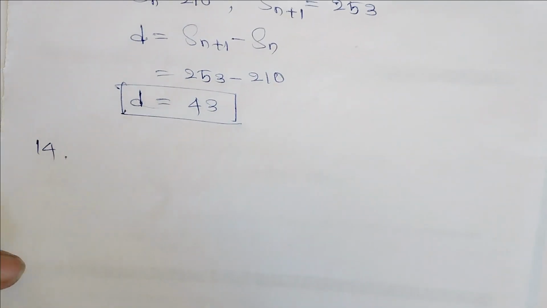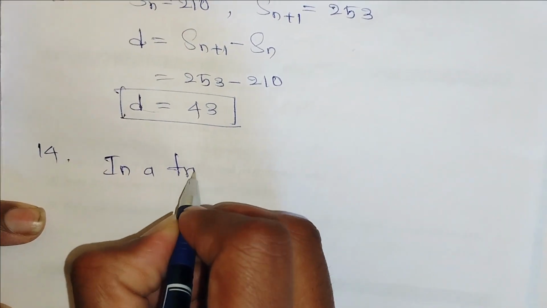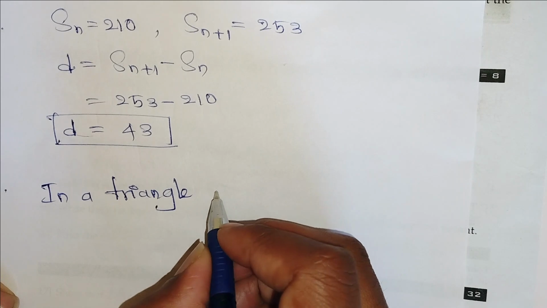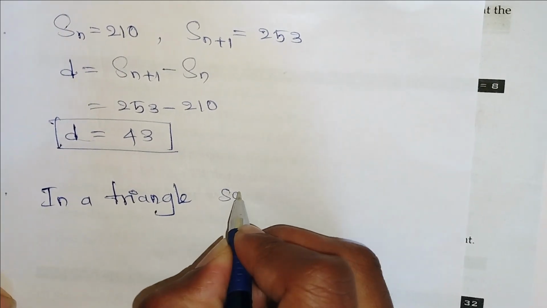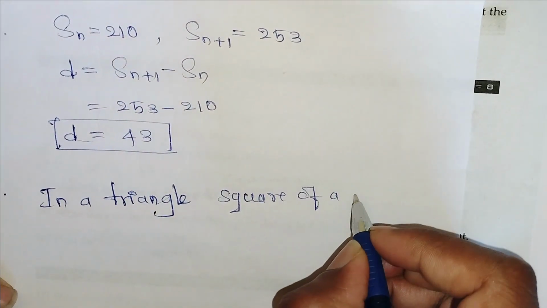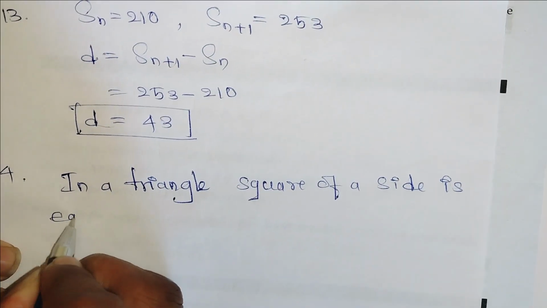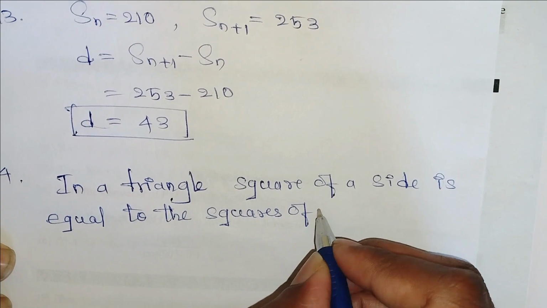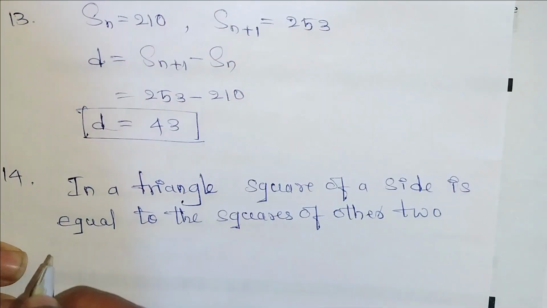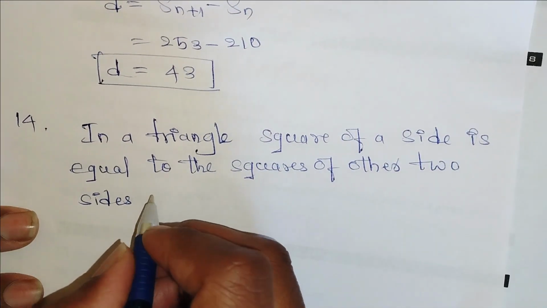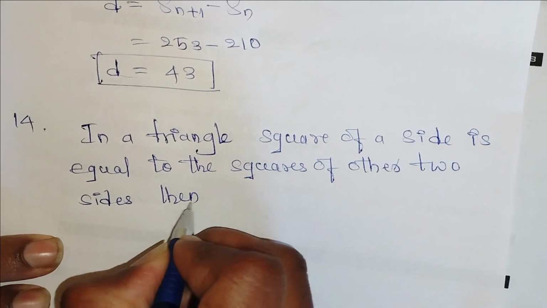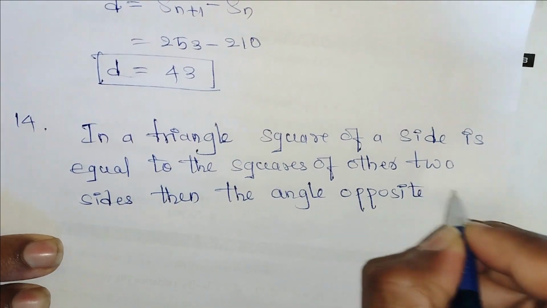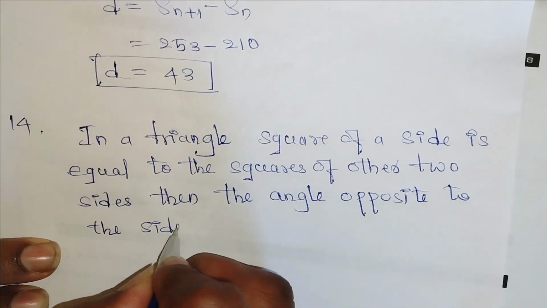Let us state it in words: in a triangle, if the square of a side is equal to the sum of the squares of the other two sides, then the angle opposite to that side is a right angle.